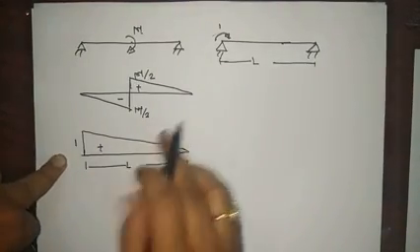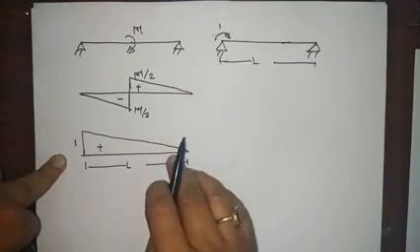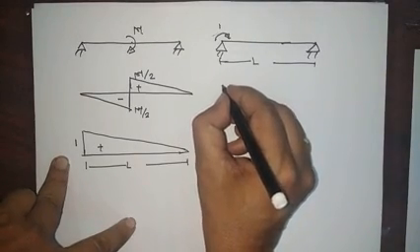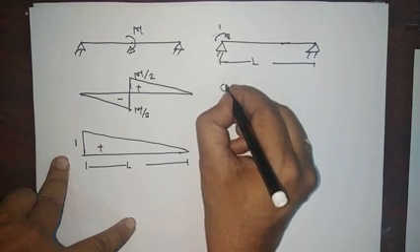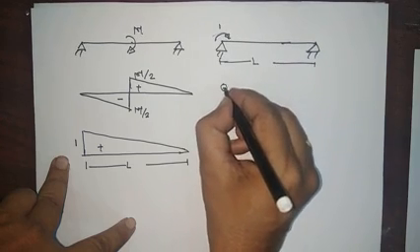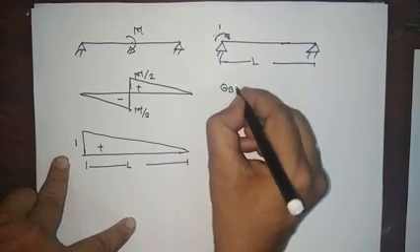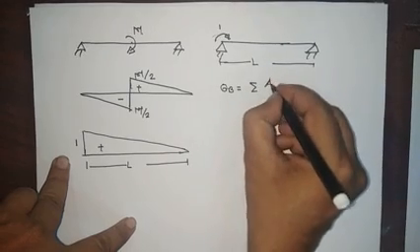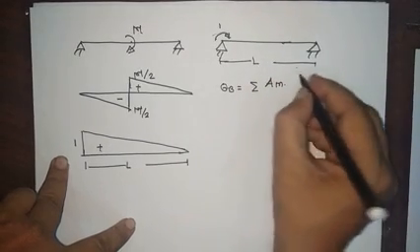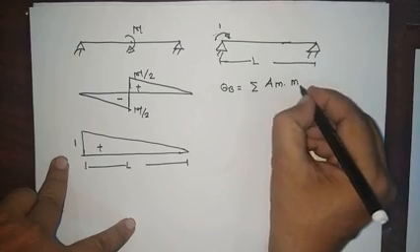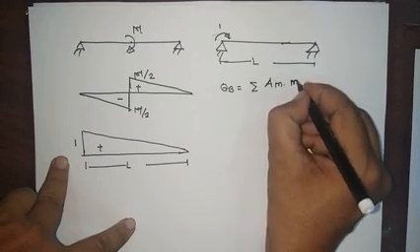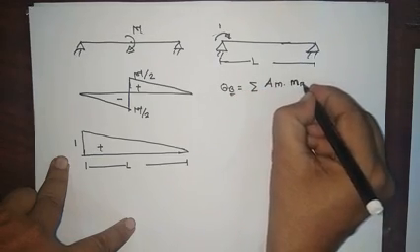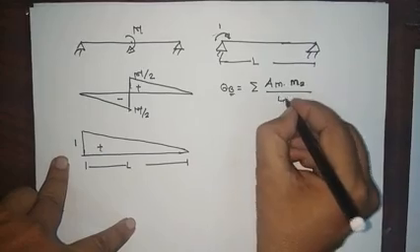So by using this diagram multiplication method, if you want to find any rotation, so theta B, that formula is summation of A M into small m at B, divided by EI.